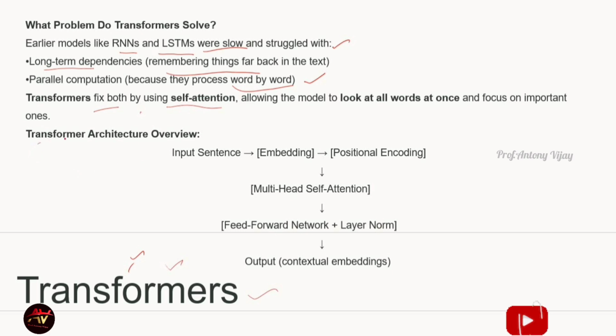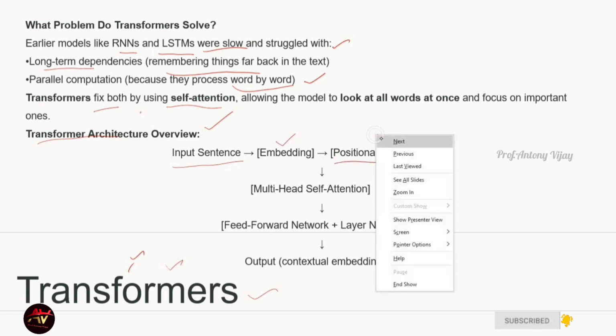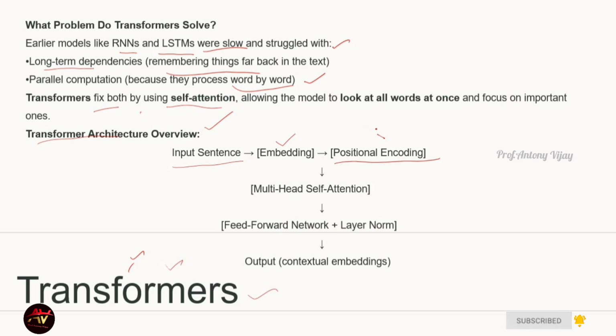Let's see the architecture overview. Initially we apply an input sentence, then we go for the embedding process. After that we go for positional encoding. It's like tokenization: we assign an index value to each word, which is called positional encoding. Multi-head self-attention means all the words are taken care of at a time, not word by word.